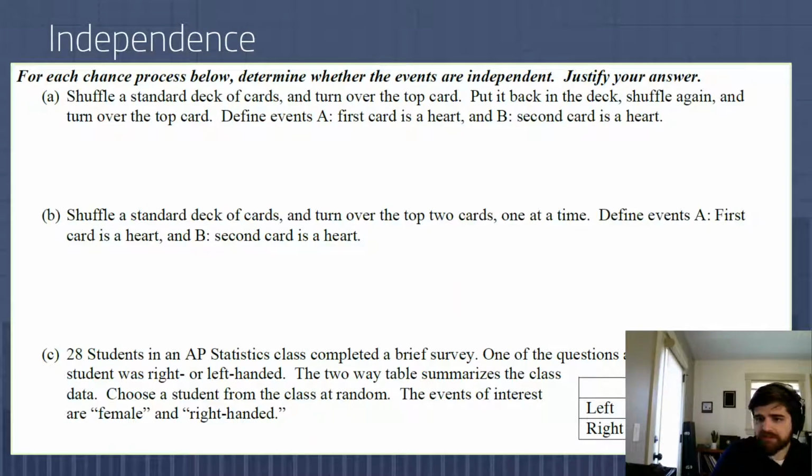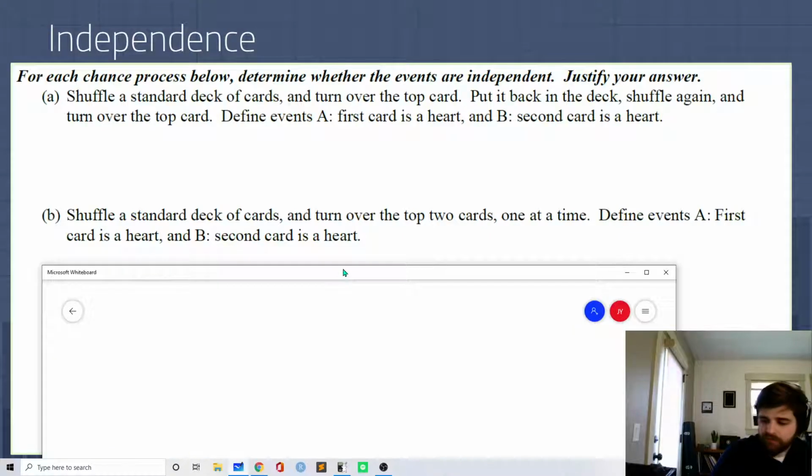However, if we did something like this, except we didn't put the card back, so shuffle a deck of cards, then take off the top 2 cards, what's the probability of the first one being a heart and the second one being a heart? Well, here we have sort of a split probability. If the first event is a heart, the probability of B is going to be 12 out of 51 because we took out a heart.